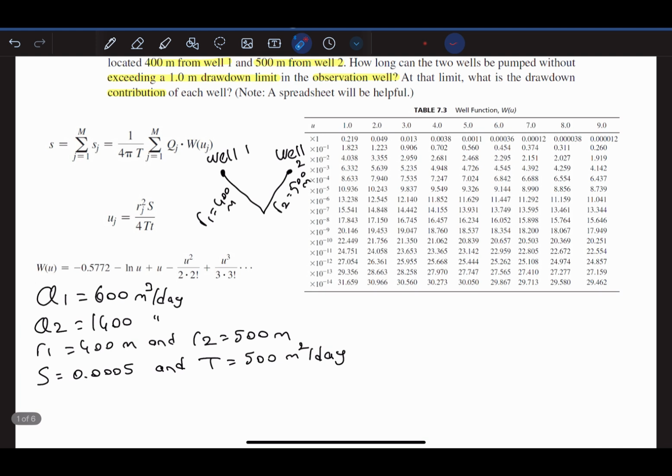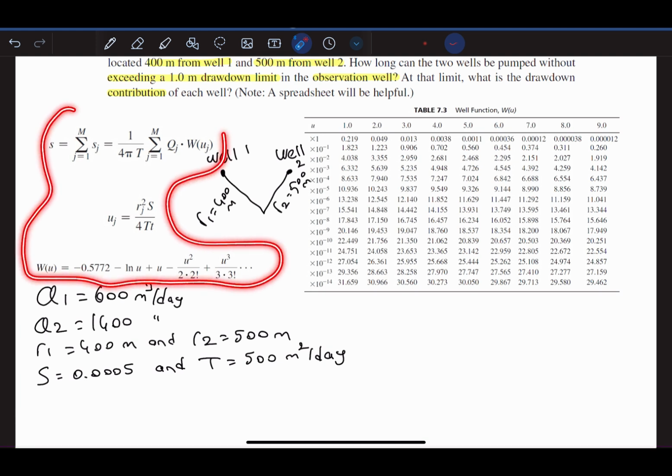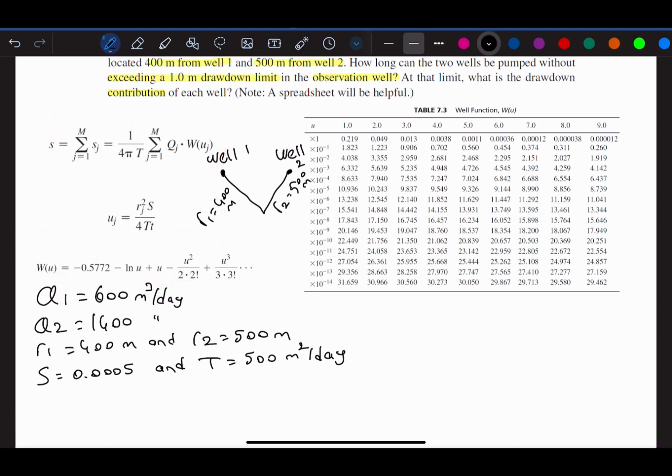So we are going to use 3 different equations. This one gives drawdown. This is the dimensionless parameter.